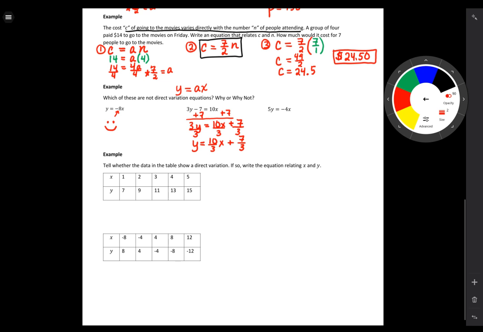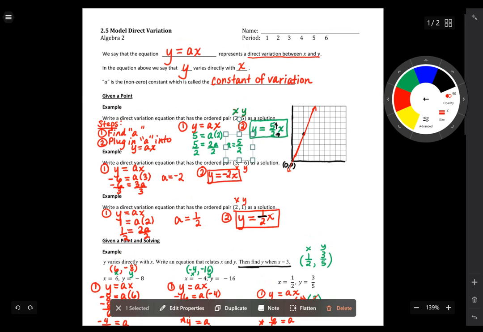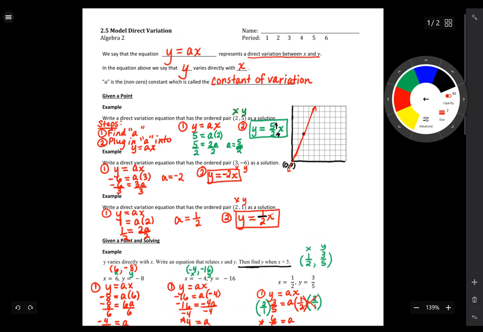Okay. I need to go back to the first side of our notes. I just didn't put that there. Oops. So when I said A is the constant of variation, the number out here is always going to be 0 because the y-intercept is 0.